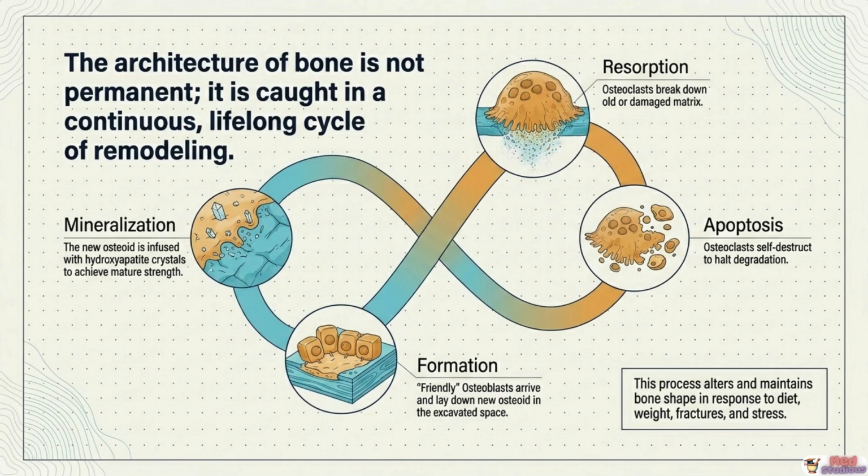The newly deposited osteoid seam undergoes progressive mineralization as hydroxyapatite crystals nucleate and grow within the collagen framework, achieving full mechanical strength. This entire cycle, resorption, apoptosis, formation, mineralization, is continuously influenced by diet, physical activity, hormonal signals, and pathological conditions.